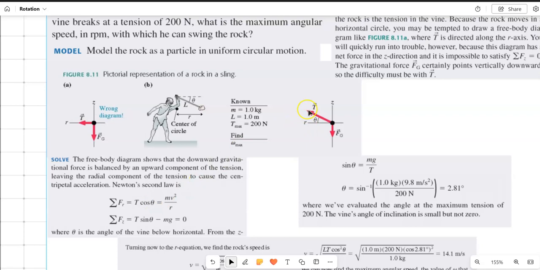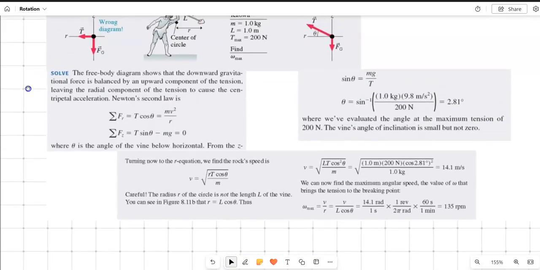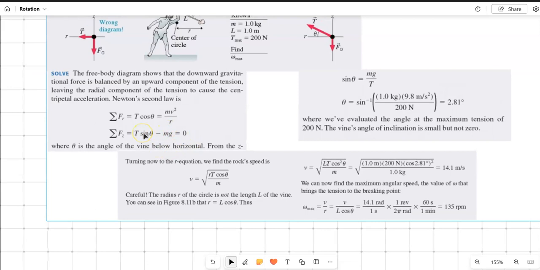The upward component of this tension is T sine theta, minus the weight of the rock, which is down. Since it's not accelerating in the y direction, T sine theta minus mg is going to be equal to 0. So they go on to say here that T sine theta equals mg.